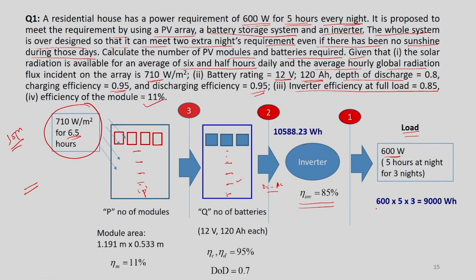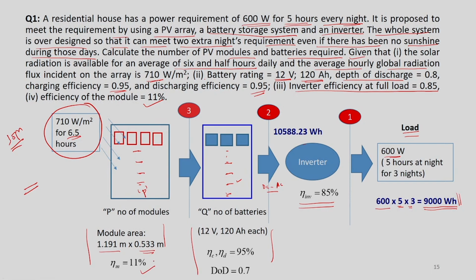So, if we calculate 600 multiplied by 5 hours into 3 days, it will be 9000 watt hour is the load. These specifications are given, and also the module area is given as 1.191 meter multiplied by 0.533 meter, and efficiency is 11%.